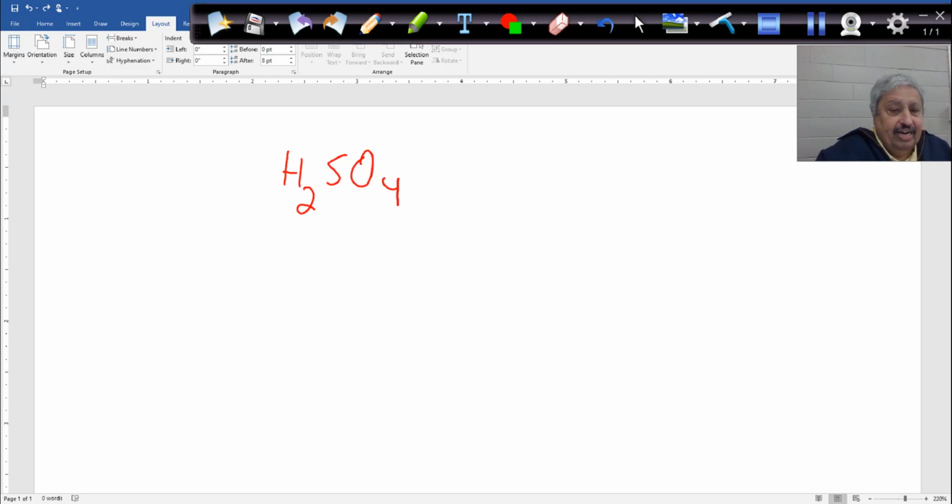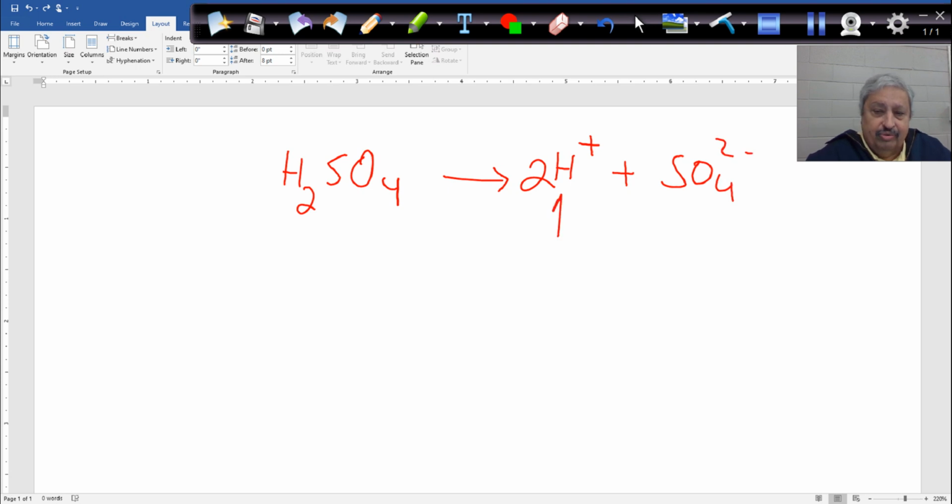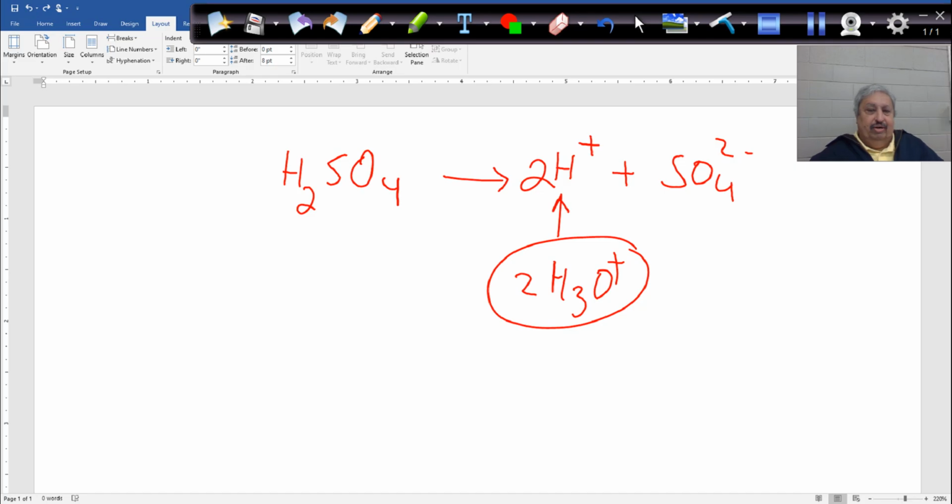And sulfuric acid in H2O will have something looking like this: 2H plus and SO4 2 minus. Of course, the 2H plus is literally 2H. That's what it means. But I'm not balancing, just to show you how this works.